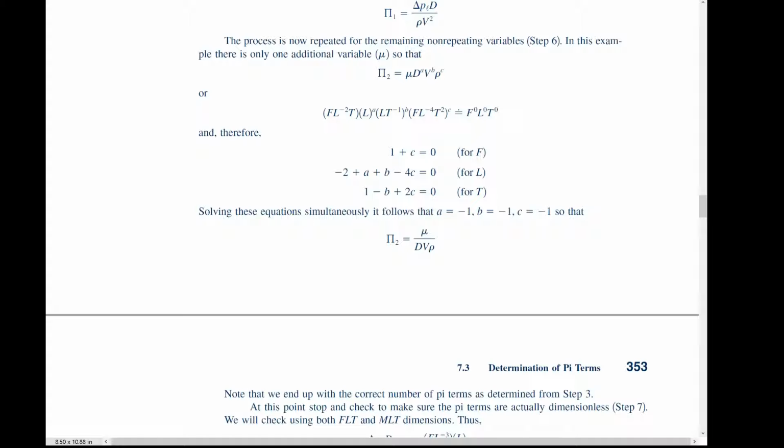We've got f to the c. There's 1 f. So we just have L over T, and ft squared over L.